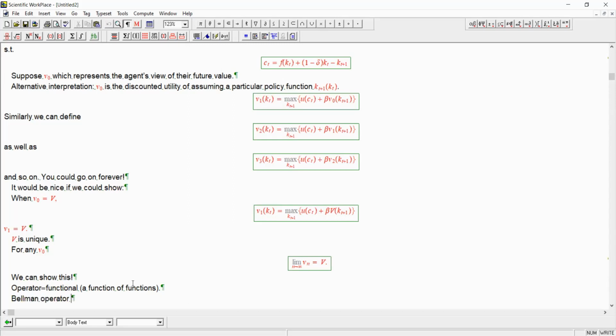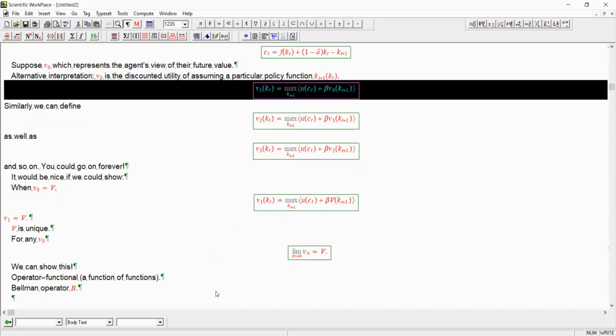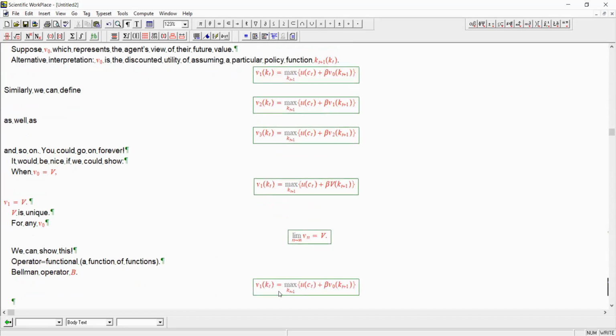And we're going to call it B. So an alternative way of writing this equation is to say that I am going from this V sub 0 to another function which depends on V sub 0, which we're going to call B V sub 0.